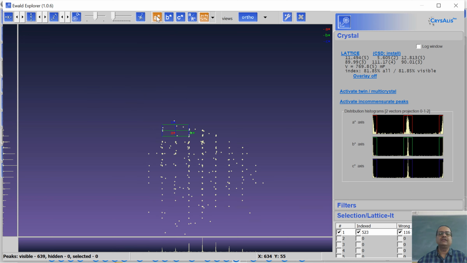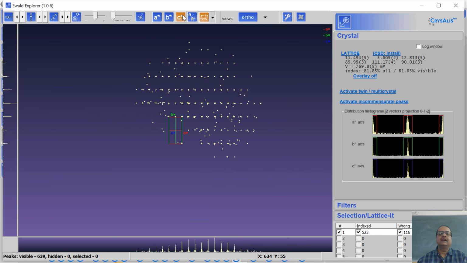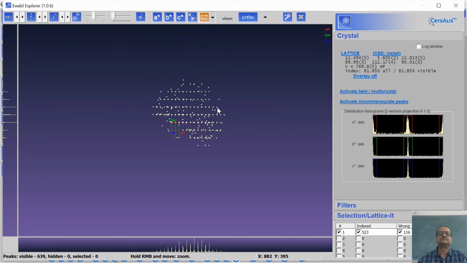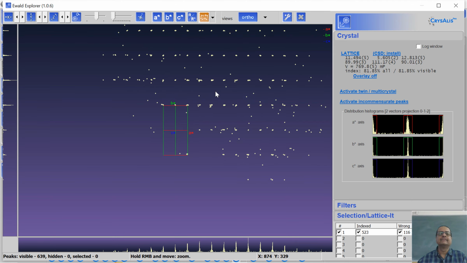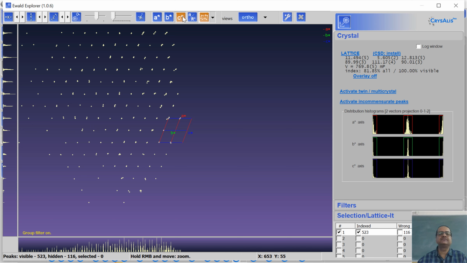You view it along A star, B star and C star and see that there are some reflections which are not aligned, right? Some of the reflections are falling here and there, and that number is 116. So you untick those, immediately it removes those reflections which were not aligned.